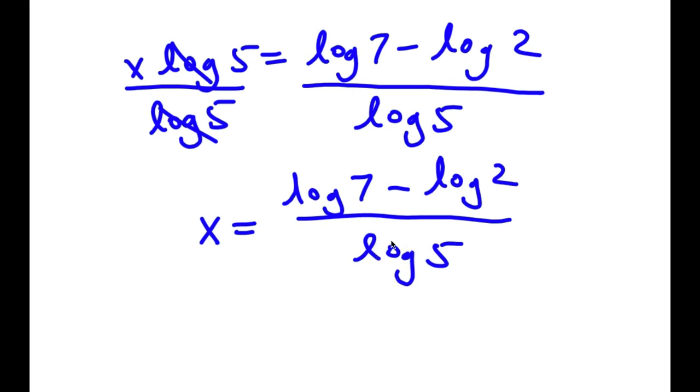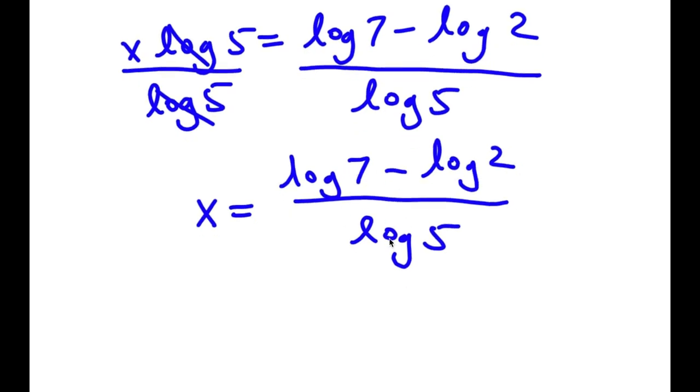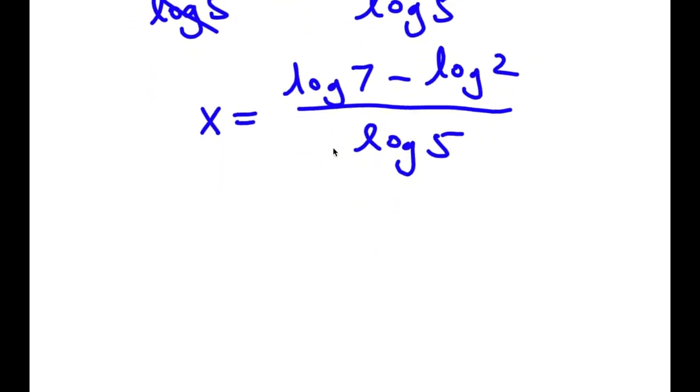Now, to actually continue with this problem, I have to use a calculator to find the values of log 7, log 2, and log 5. So now if I plug these values into my calculator, I get log 7 is equal to approximately 0.8451.